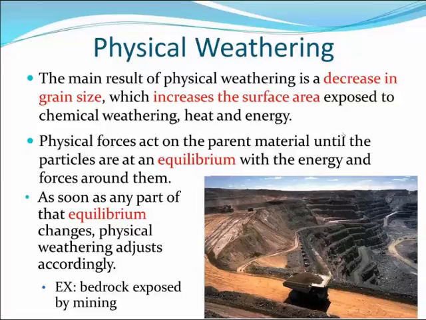The physical forces that act on the parent material continue to act until an equilibrium is reached with the energy and the forces around them, the heat and the energy. But as soon as any part of that equilibrium changes or is disrupted, then physical weathering adjusts accordingly.